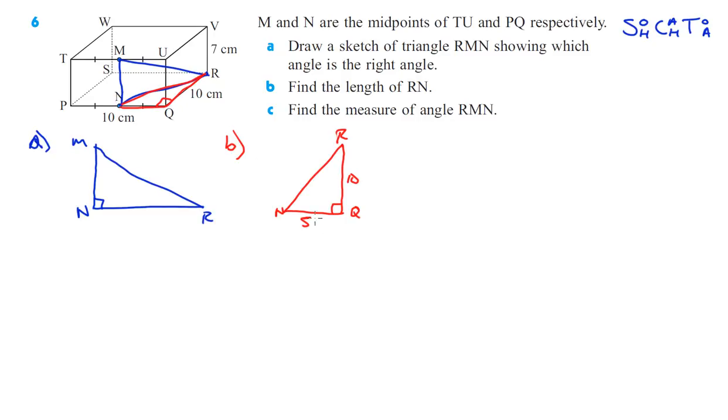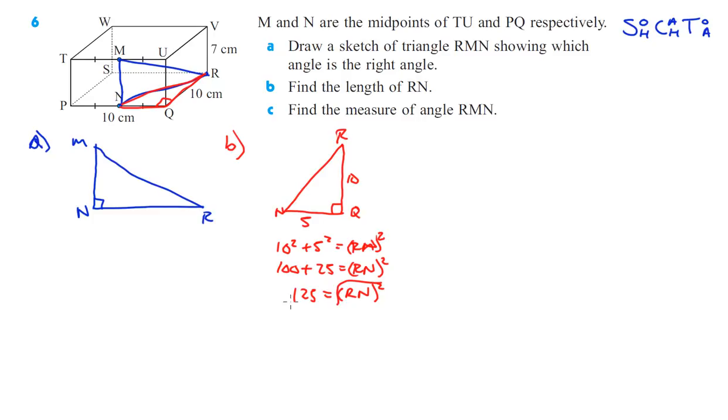So the length of R to N is going to be a squared plus b squared equals c squared, right? So we got 10 squared plus 5 squared is going to equal RN squared. So that's 100 plus 25 equals RN squared. So that's 125 equals RN squared.